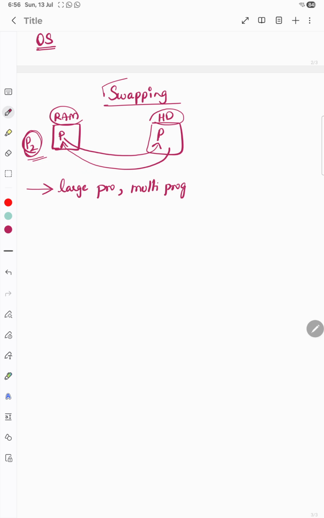Okay, now let us know about two terms. One is static relocation and the other is dynamic relocation. What is static relocation?